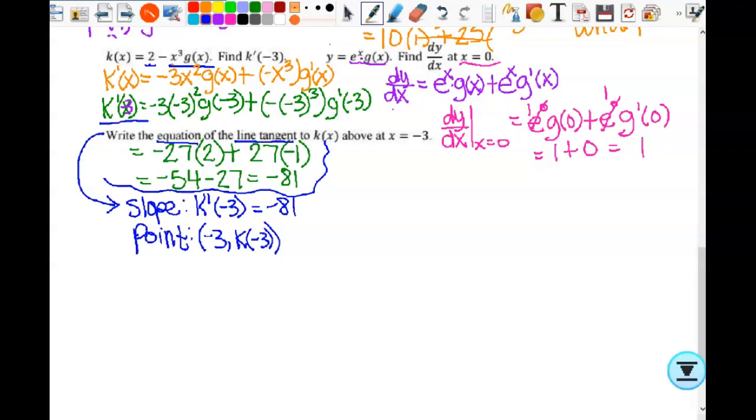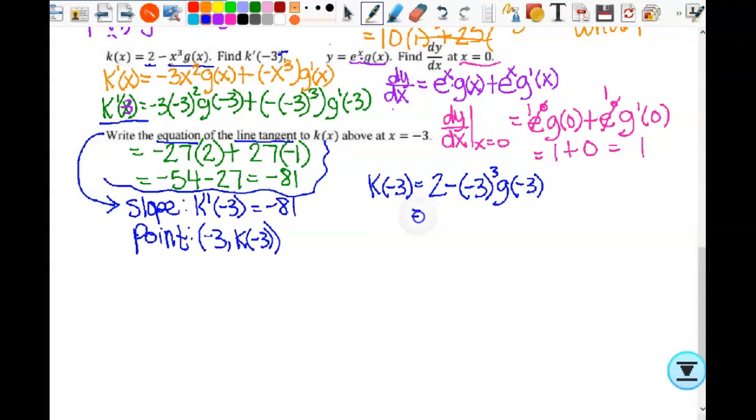So the y value will be k of negative 3. So that'll be 2 minus negative 3 cubed times g of negative 3. Do y'all agree with that? K of negative 3, I'm just substituting negative 3 into the original one. Because originally I found k prime.